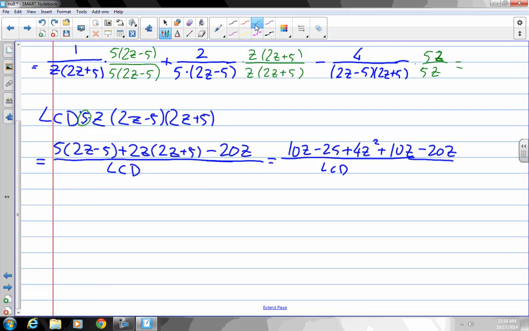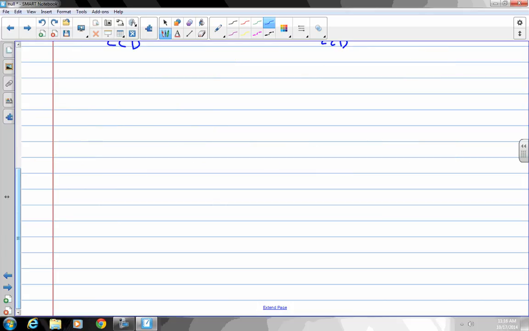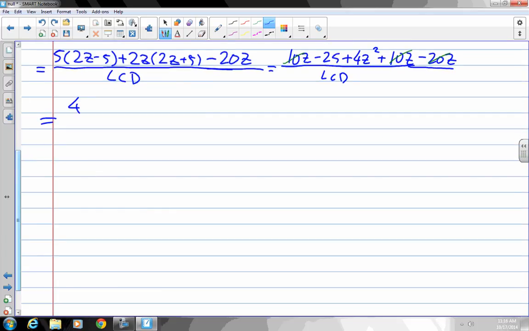What's going to happen with all of that? Yeah, 10 plus 10 is 20, minus 20 cancels. And then what we'll have left is 4z squared minus 25 over, let me write the denominator now, 5z, 2z minus 5, 2z plus 5.